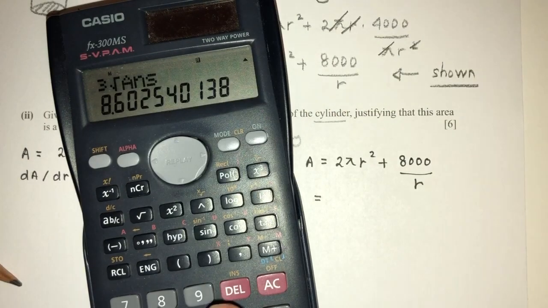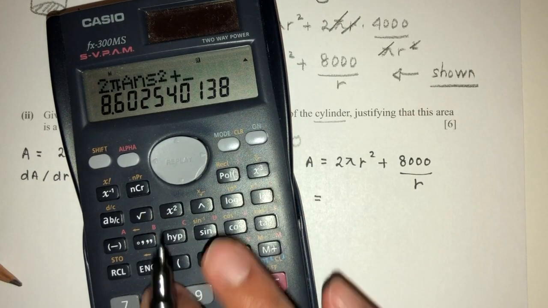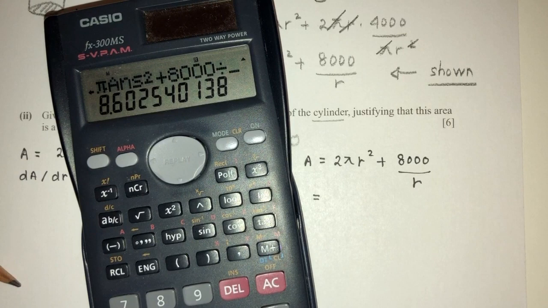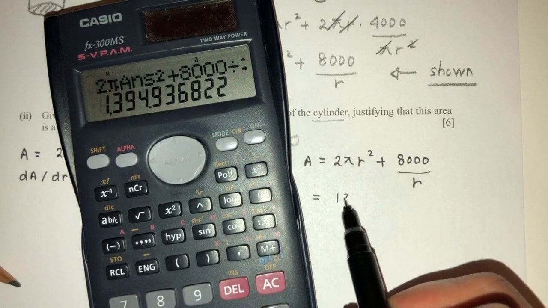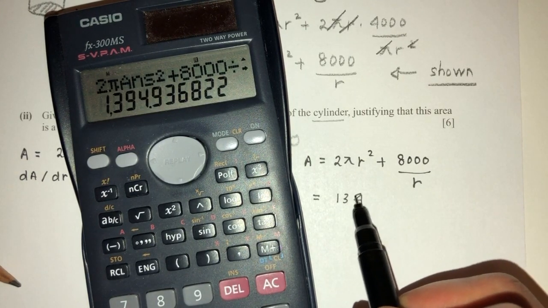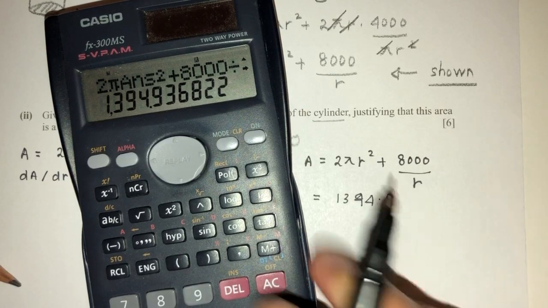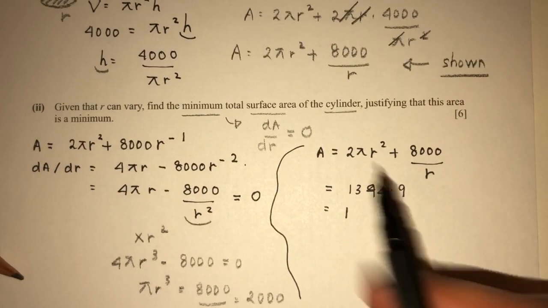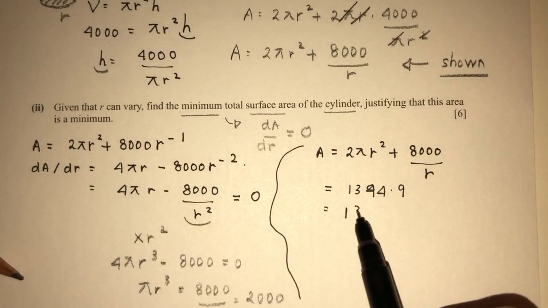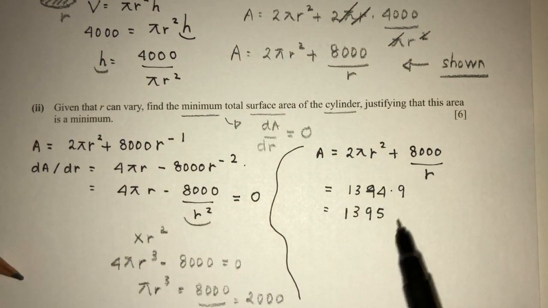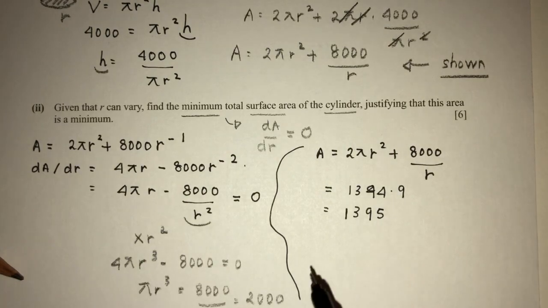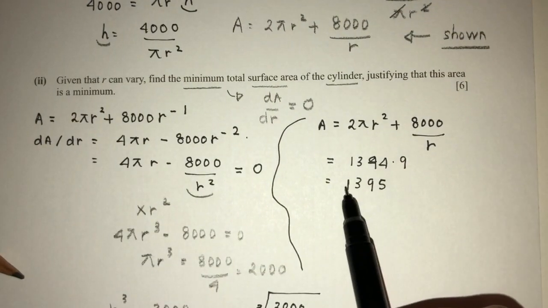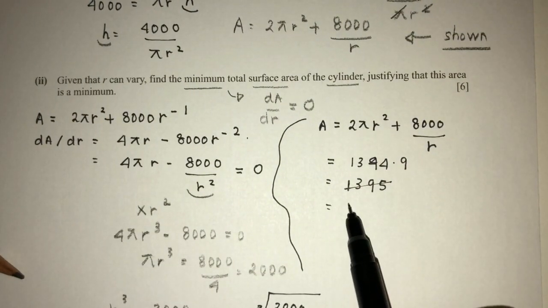So very easy, 2 pi answer square plus 8000 divided by answer. That should be 1394.9. So the area, let's write this down correct to 3SF. That should be 1395. Sorry, this is not 3SF, this is 4SF. So let's correct this. That should be 1390.